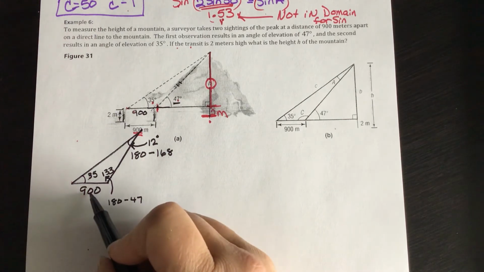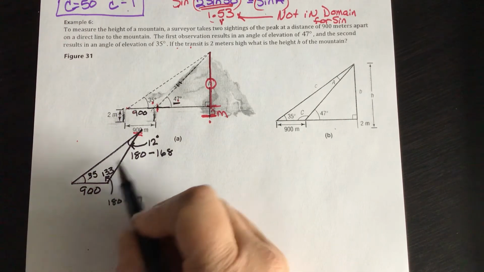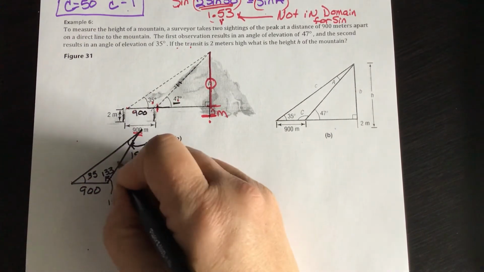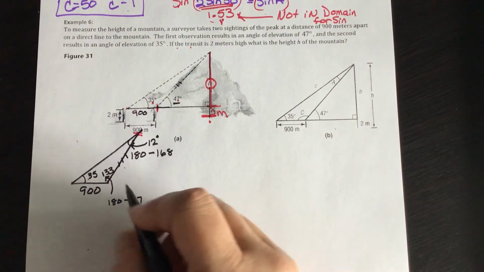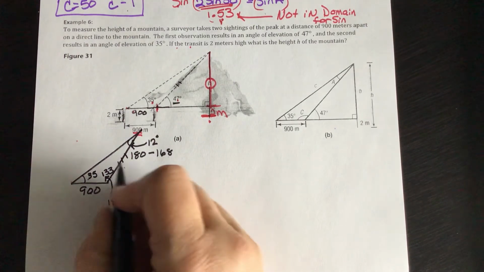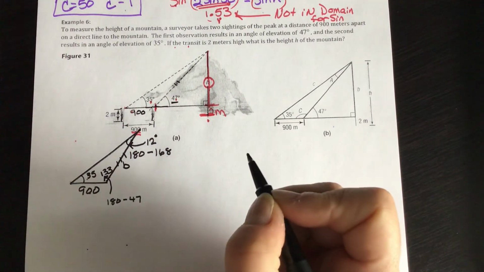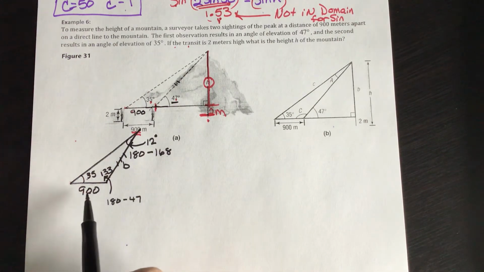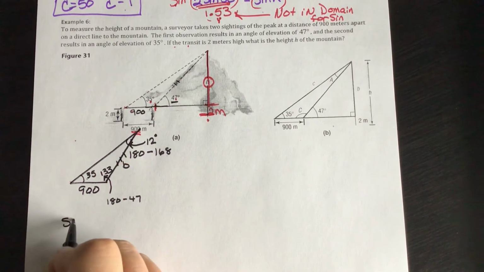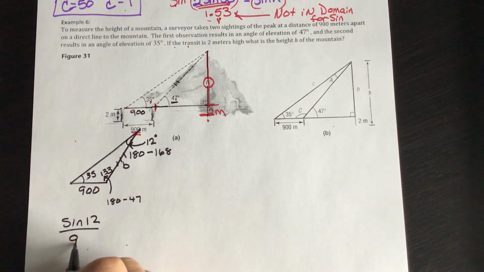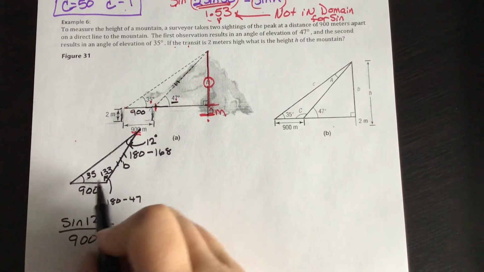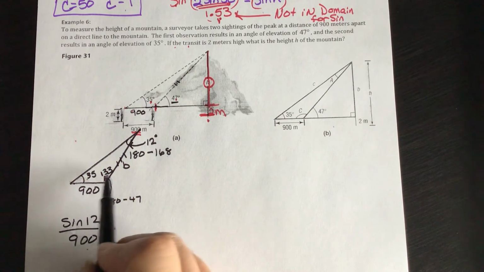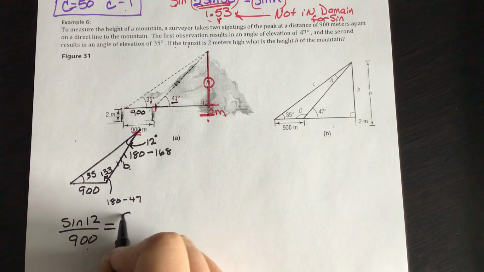So now I have a ratio of 12 to 900, and I can find the length of either side. Let's find this side right here. This is opposite this angle, so I'm going to call this side little b. So if I do sine 12 over 900 equals sine 35 over b.